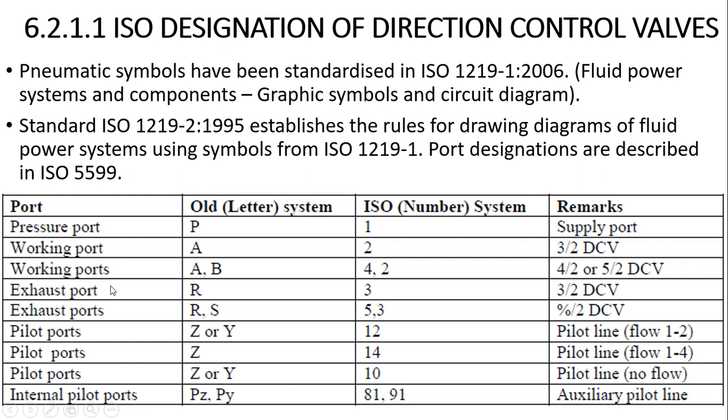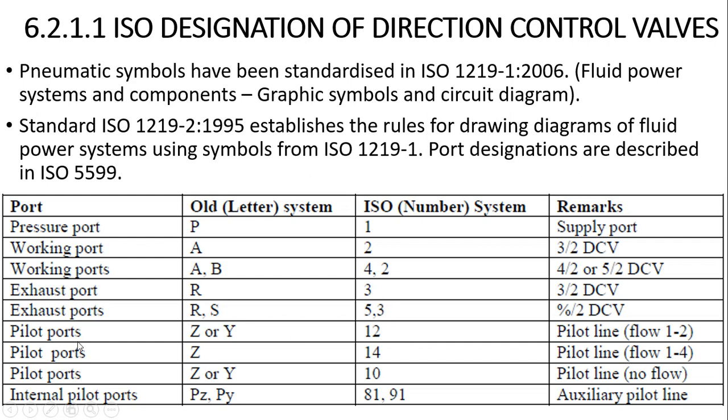This means pressure 1 will always be connected to either 2 or 4. This is the work of the direction control valve: to connect pressure at 1 to 2 or 4, and to connect 2 or 4 to exhaust port 3 or 5. Okay, this is the working.